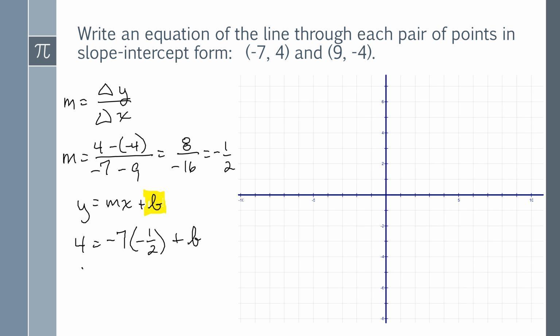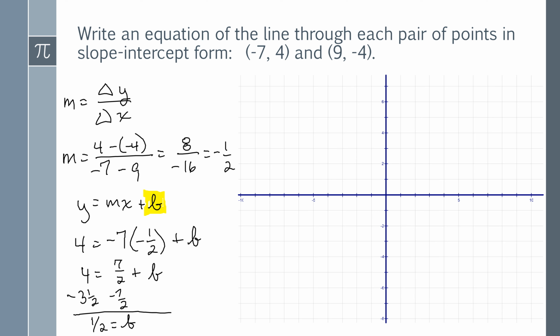So this becomes 4 is equal to 7/2 plus b. If you have your handy calculator, I would use it here. Otherwise, you have to do some figuring with fractions. 7/2 is equal to 3 and 1/2. So 4 minus 7/2, and we would end up with 1/2 is equal to b.